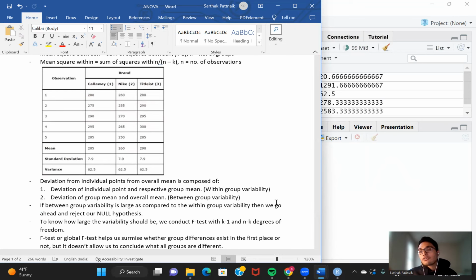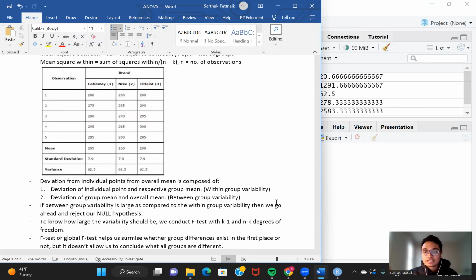So that is the second level of test or the second level of statistical inferencing that we need to do. So let me reiterate. Global F test tells me that there are at least two groups which are different out of my K groups. But in order to figure out which two groups are different or how many pairs of groups are different, we need to go ahead and conduct pairwise t-test.